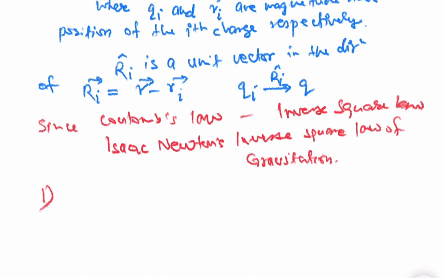First, Coulomb's law depends on the nature of the particles, that is, it may be attractive when the particles are of opposite nature and repulsive when particles are having the same nature charges.